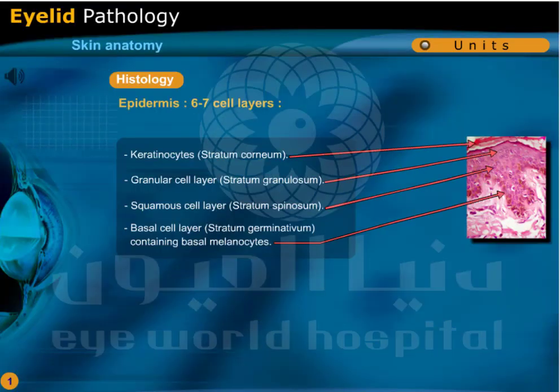Eyelid pathology. Skin anatomy. The epidermis consists of 6 to 7 cell layers: keratinocytes or stratum corneum, granular cell layer or stratum granulosum, squamous cell layer or stratum spinosum, basal cell layer or stratum germinativum containing basal melanocytes.